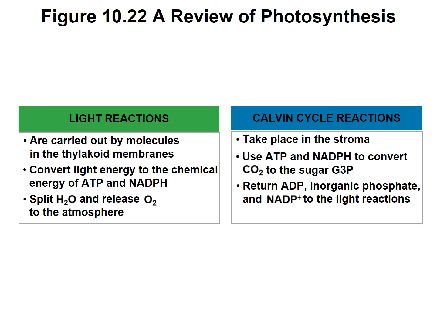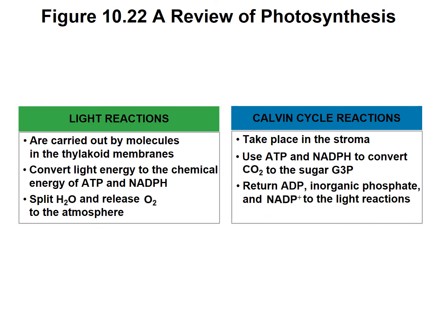And just a review of what's happening in the light reactions versus the Calvin cycle. The light reactions are being carried out by molecules in the thylakoid membrane. Light energy is being converted to the chemical energy of ATP and NADPH. Water is being split and oxygen is being released to the atmosphere.